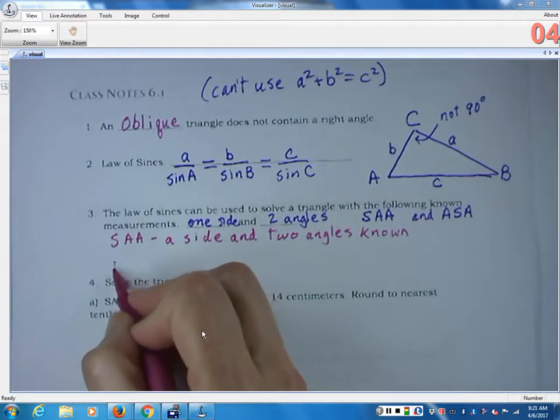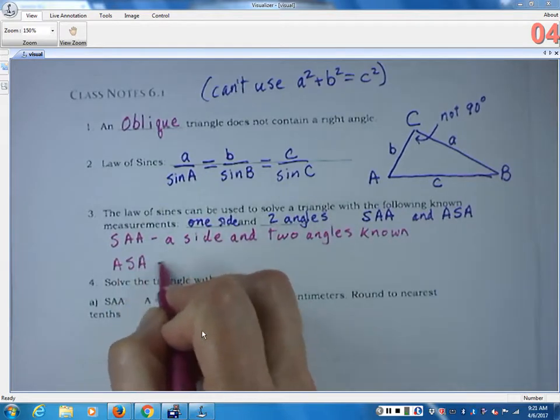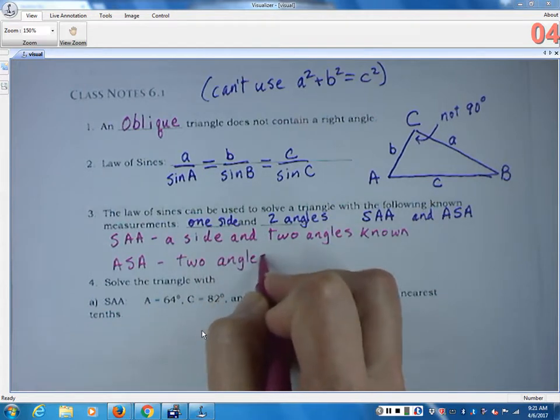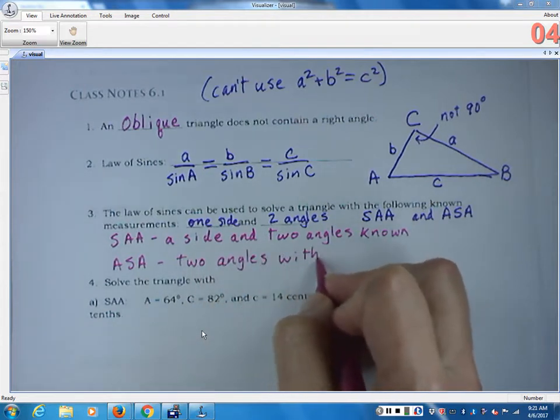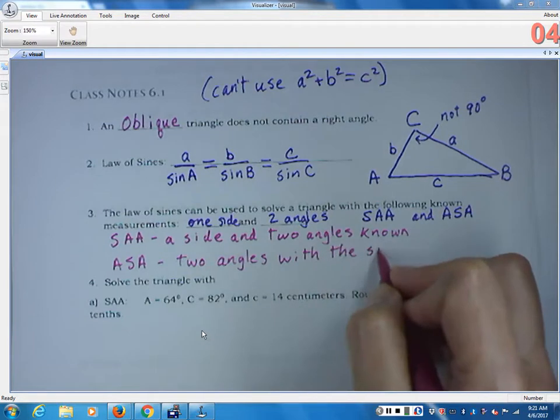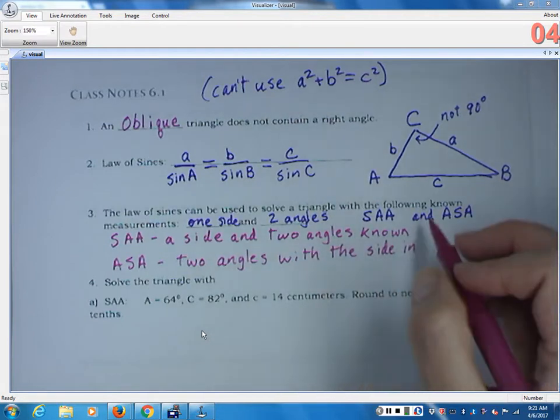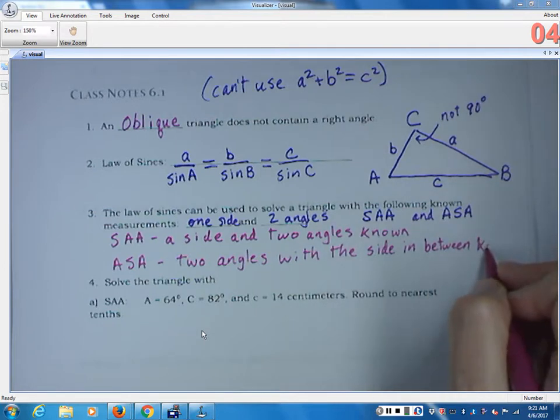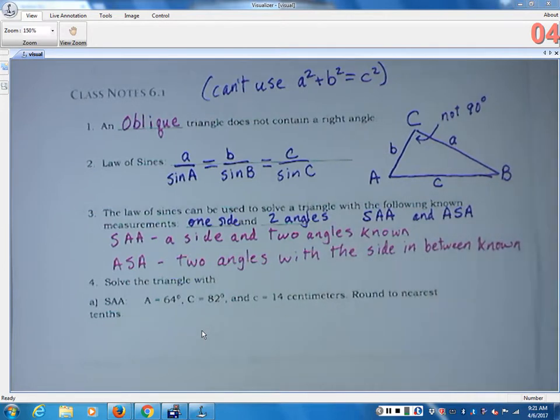And angle side angle means two angles with the side in between known. Okay, so we can use the law of sines when we have those two cases.